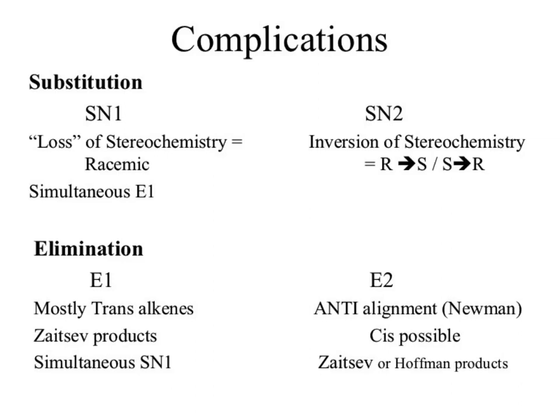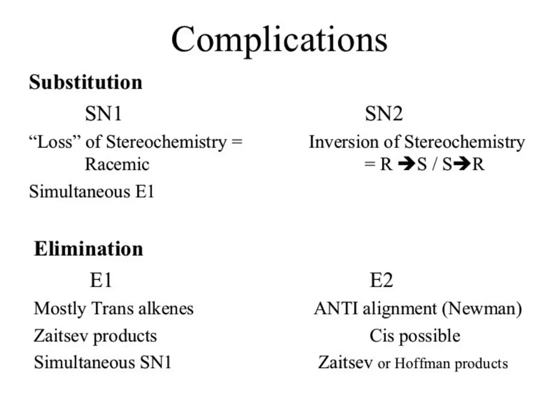The next big thing that I want you to be aware of is complications. Within each of these mechanisms, there are things that can compete, that can change the reaction and can shift where we're going. Okay? A big one in substitution, SN1 and E1. The second one on SN1 says, maybe third one, depending on how you want to look at it, simultaneous E1.